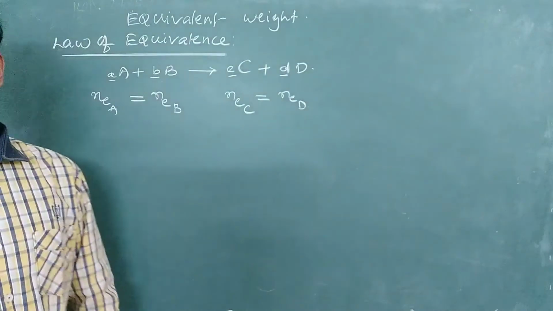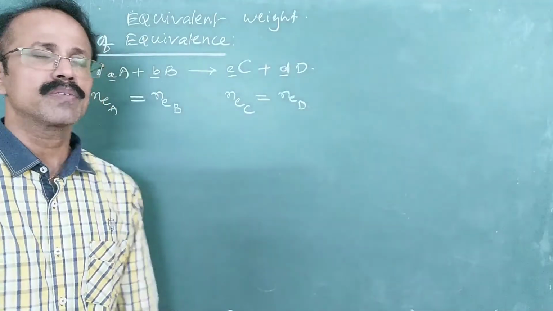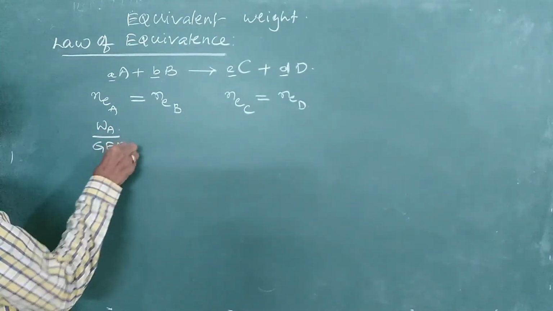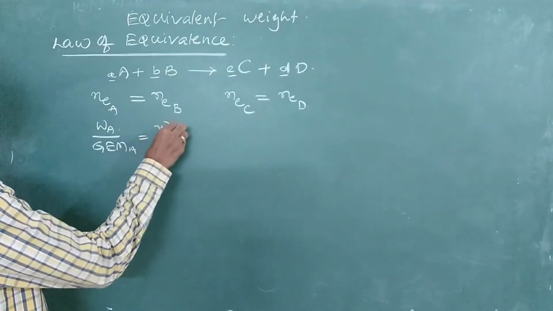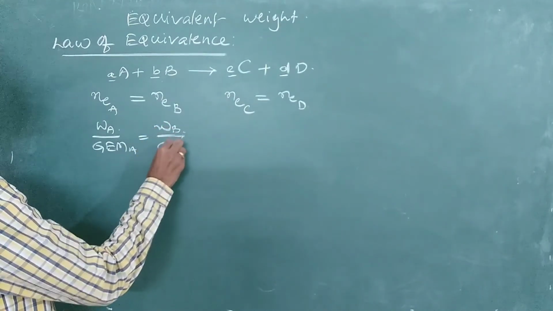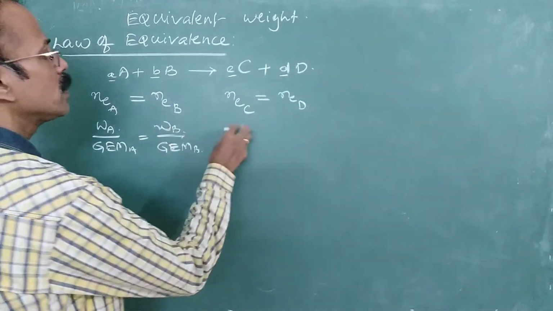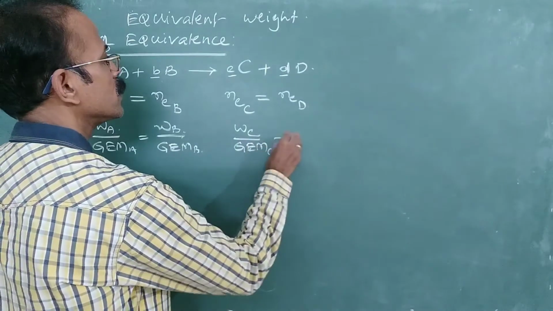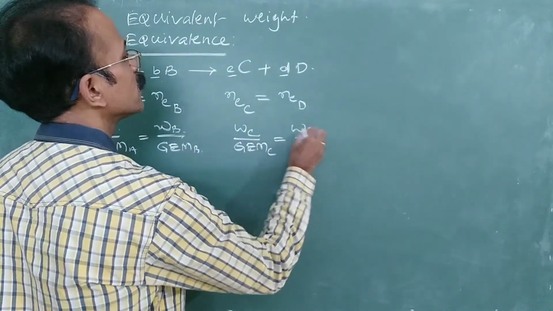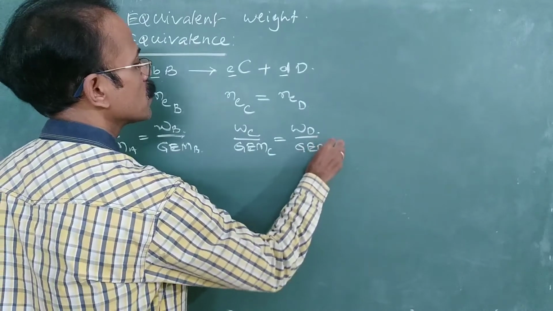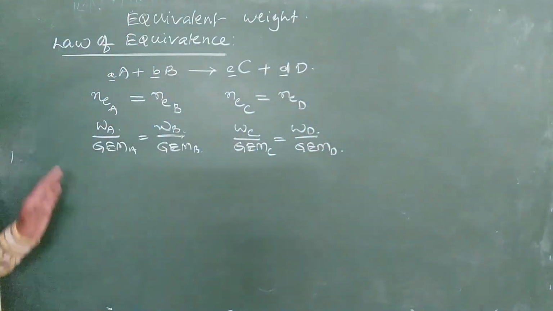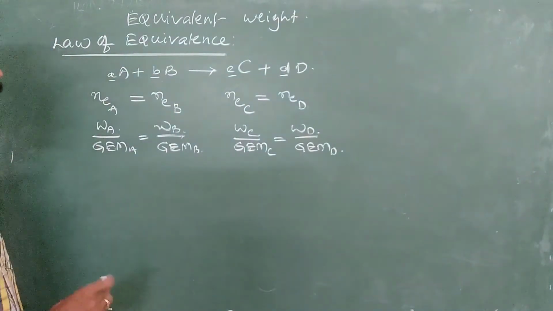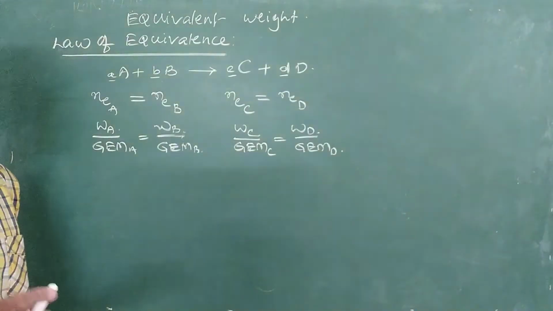For the number of equivalents, we can write mass by gram equivalent mass, right? So mass of A by gram equivalent mass of A is equal to mass of B divided by gram equivalent mass of B. Similarly, mass of C divided by gram equivalent mass of C is equal to mass of D divided by gram equivalent mass of D. Okay, so this is how you can calculate the equivalent mass of an unknown element from the equivalent mass of a known element.